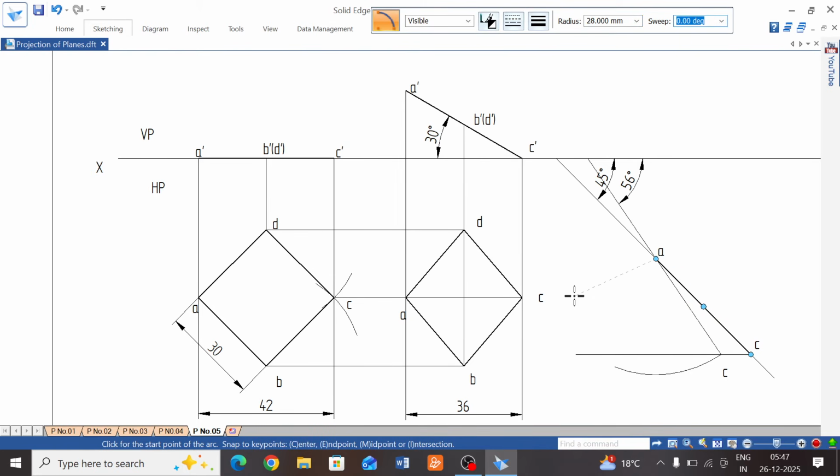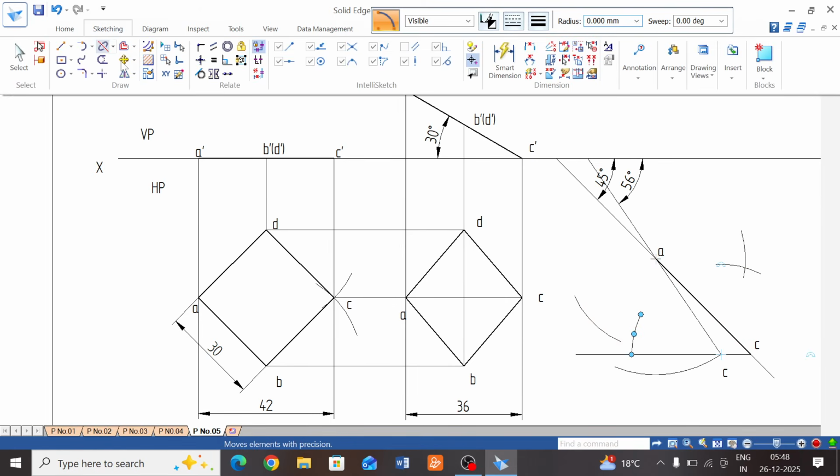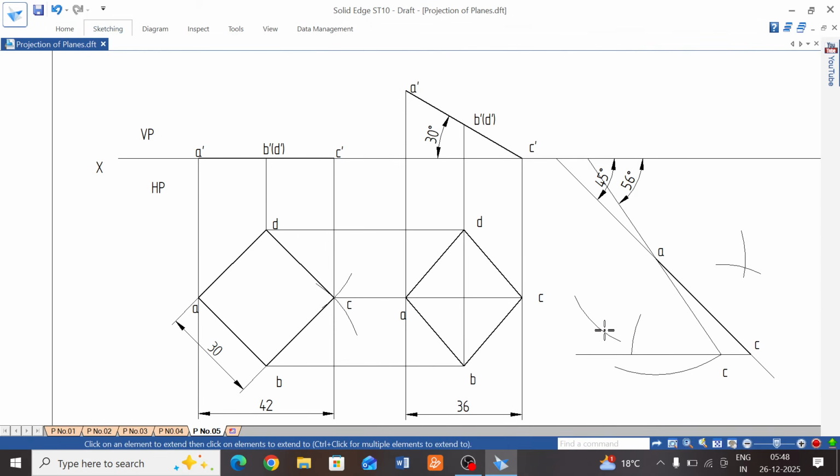You draw arc, one arc 28, then again one more arc 28 this side. Cut those arc by 28 only. And again this side again 28 mm or 2.8 centimeter. Cut this.